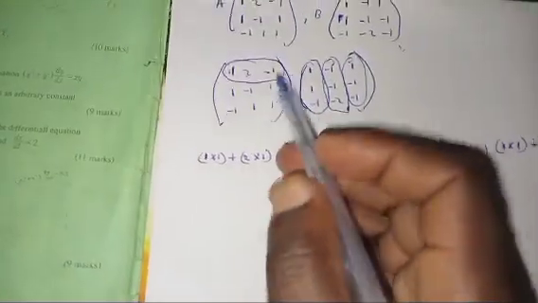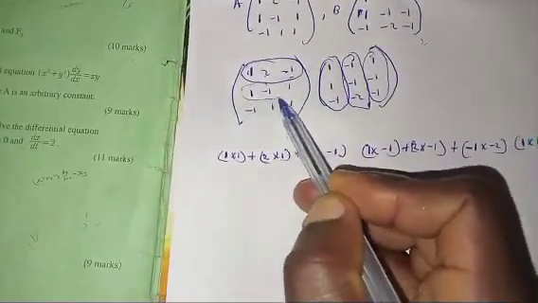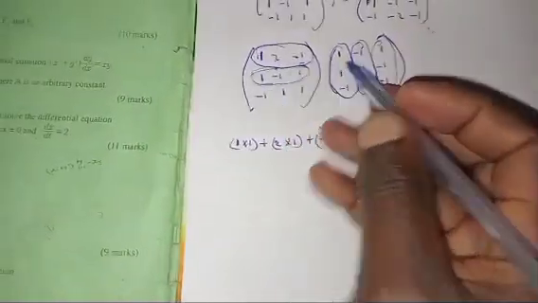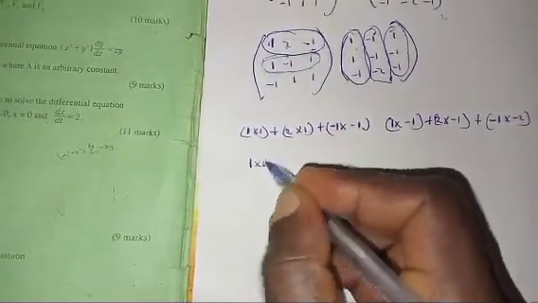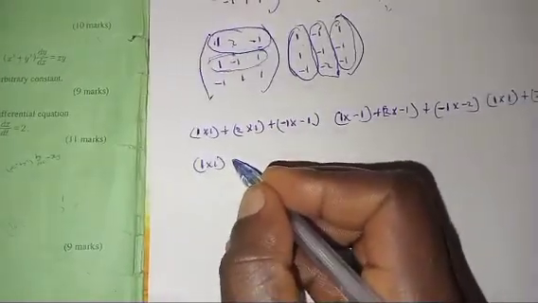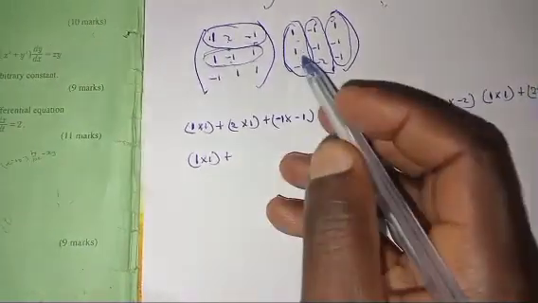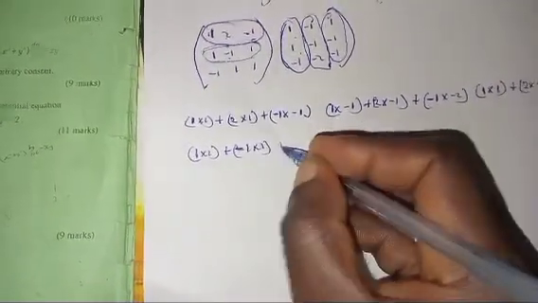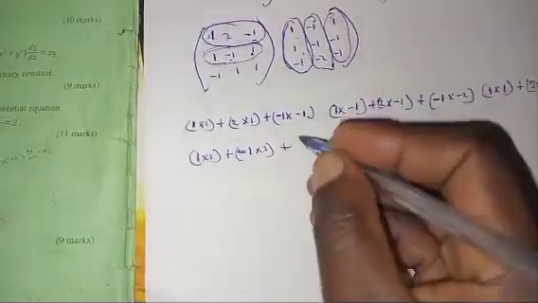You come to the next row, you repeat again: 1 times 1, 1 times 1, plus negative 1 times 1, 1 times 1 plus 1 times negative 1.